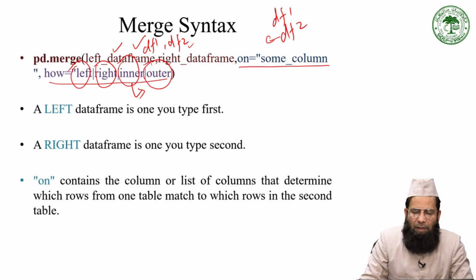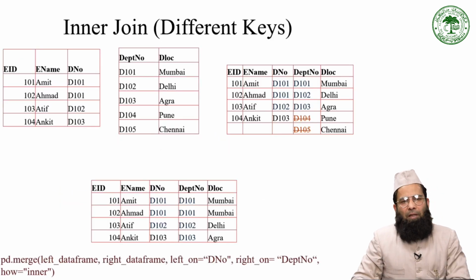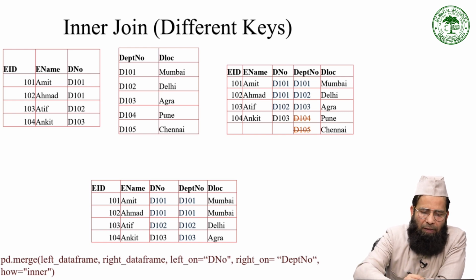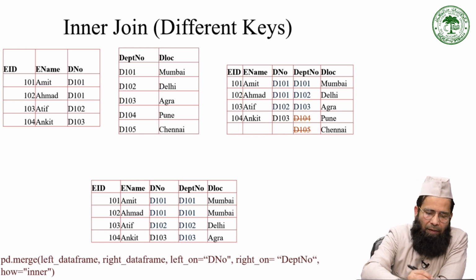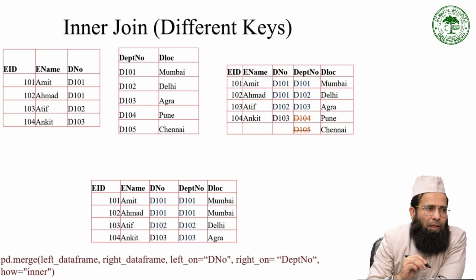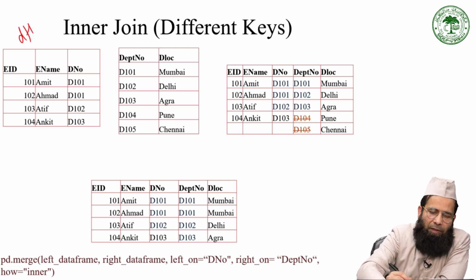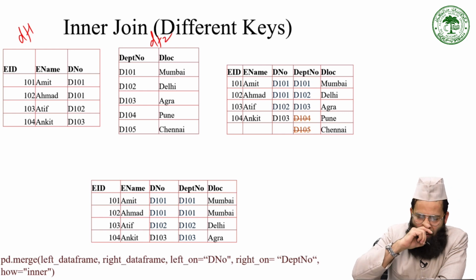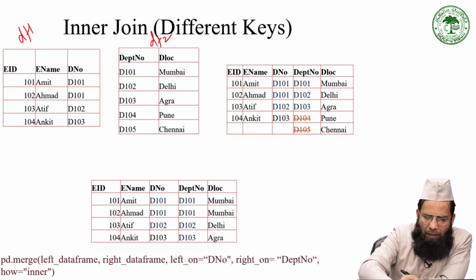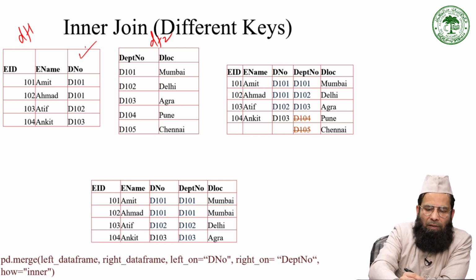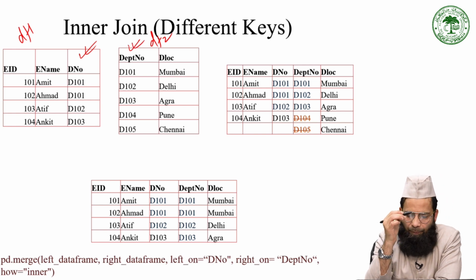Let me discuss with a particular data set. Suppose you have this data set, which you have read and stored in data frame df1, and this is df2. Now you can see you are merging these two data frames based on the key, department number, and here it is DPT number.